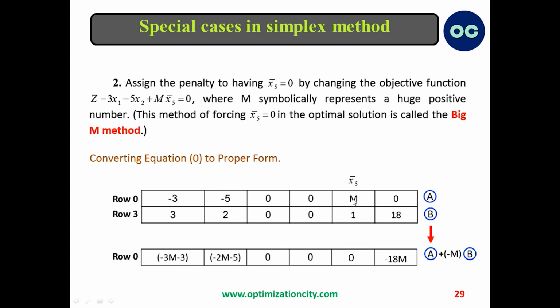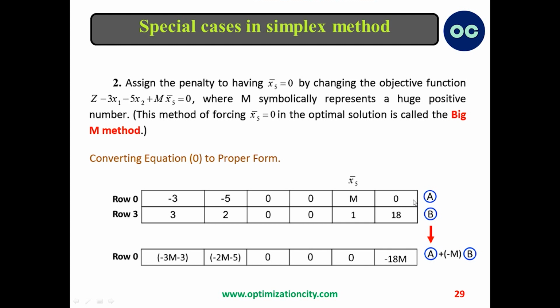To eliminate x5 bar from row 0, you can subtract M times row 3 from row 0. In other words, you multiply row 3 by minus M and add it to row 0.